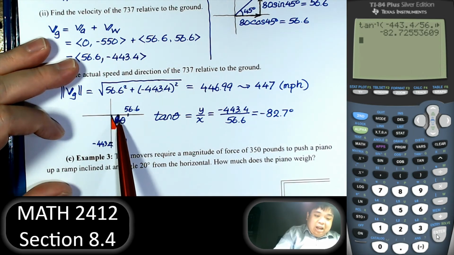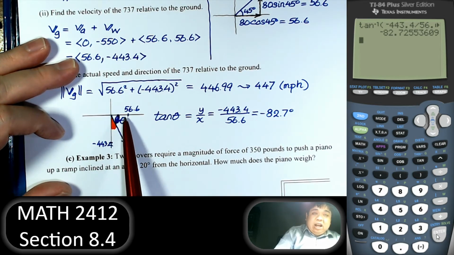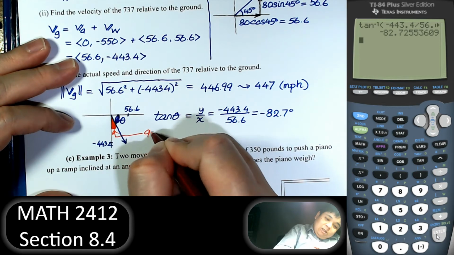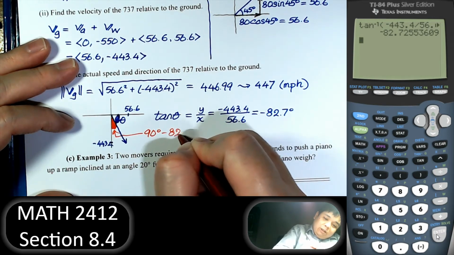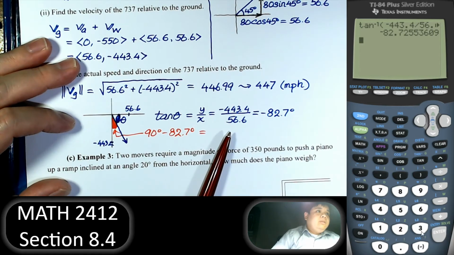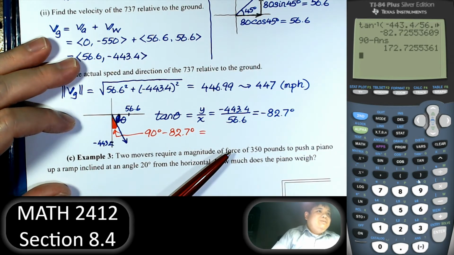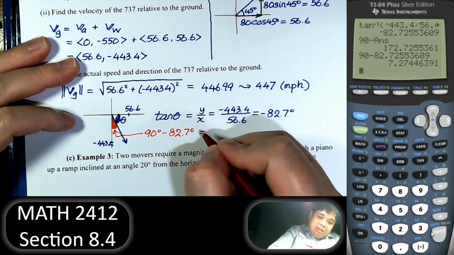The acute angle is 82.7, so 90 minus 82.7255 is about 7.3.